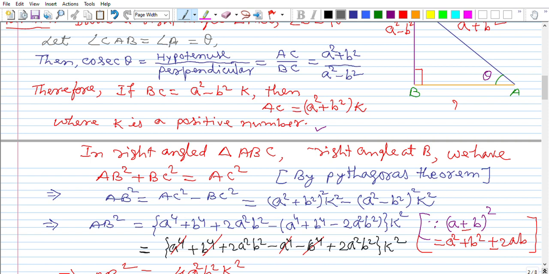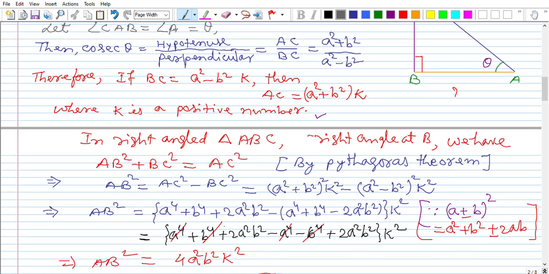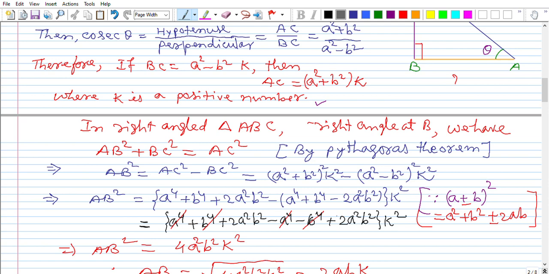Then after simplifying and applying the formula a plus b whole square or a minus b whole square, you know very well, a square plus b square plus or minus 2ab, algebraic identities, we used here. After cancelling the negative and positive values, we get 4a square b square K square, that is AB square.